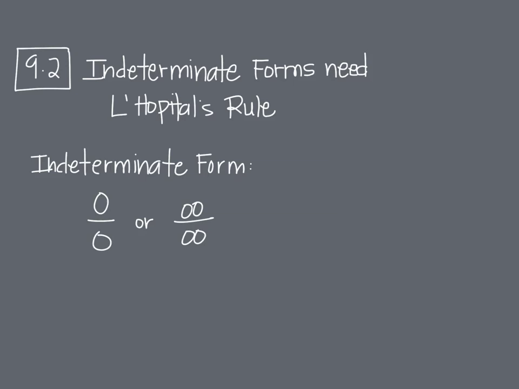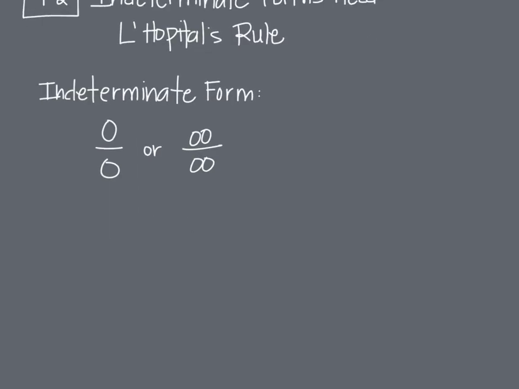Other indeterminate forms have to do with multiplication. You've also always learned every time you multiply a number by 0, you get 0. Except when you multiply 0 by infinity. That is not 0, and it's not infinity either. Okay, that is indeterminate, and so you can't say what it is. It doesn't have a numerical value. It is simply called indeterminate, and you need a way to deal with that. Another is subtraction.